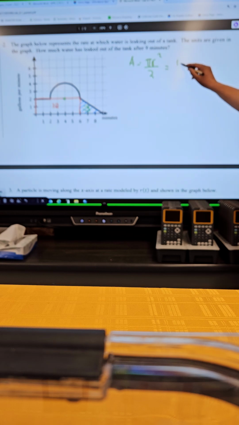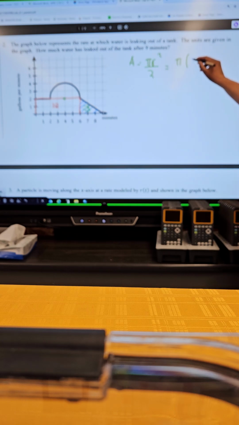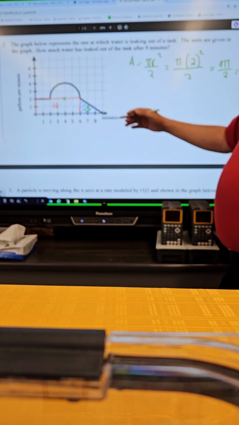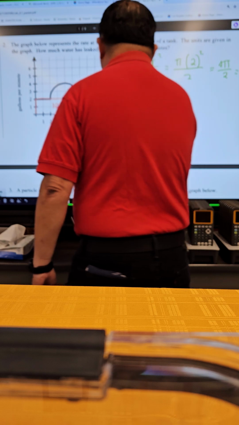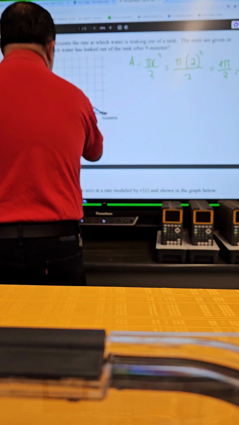And the radius is how many units? 2. So pi times 2 squared over 2. So what is the area now? 4 pi over 2. What is 4 pi over 2? 2 pi. So this is now 2 pi. Trust me.